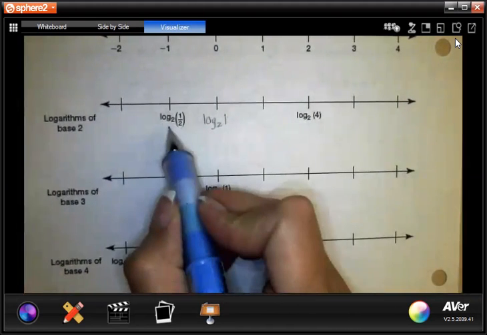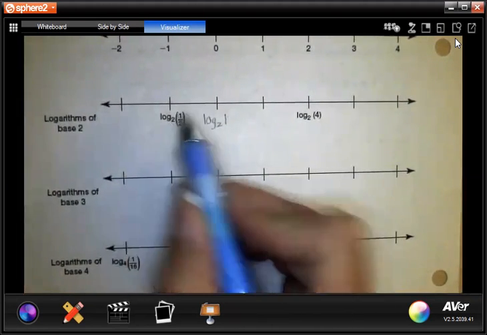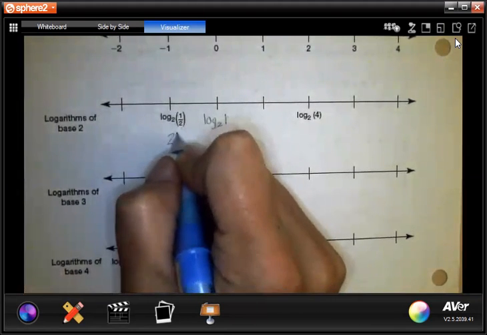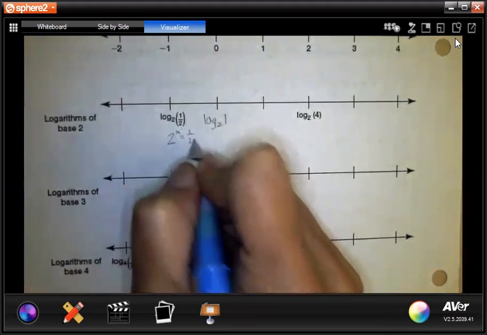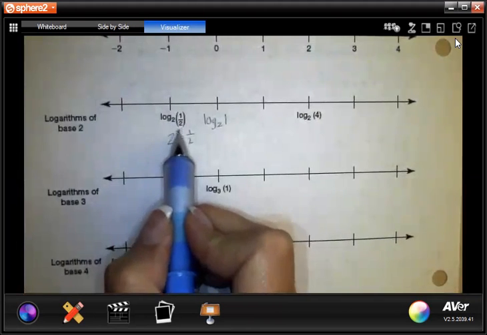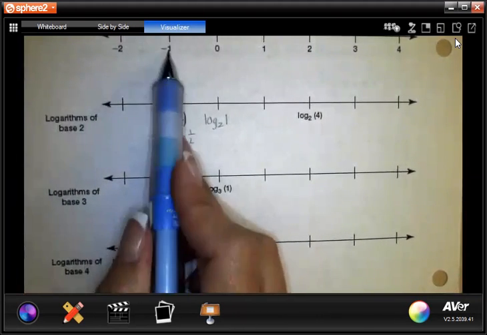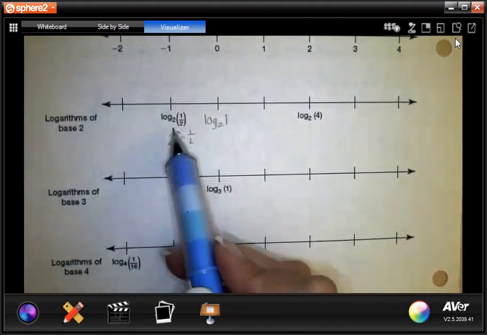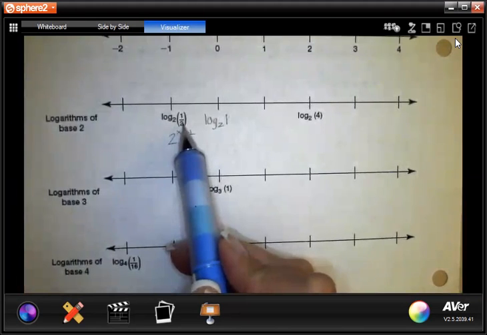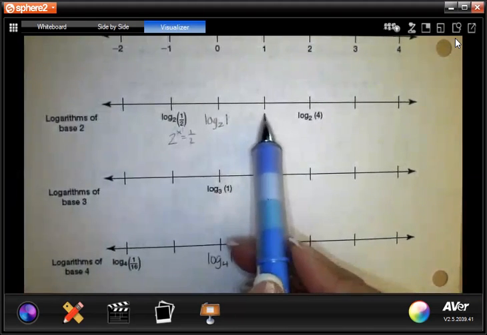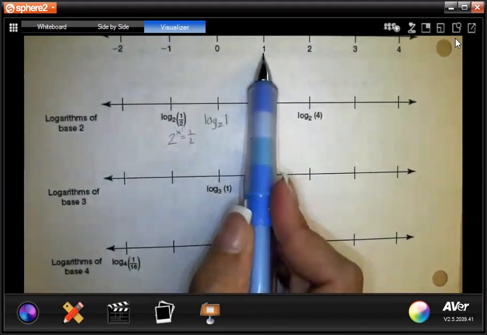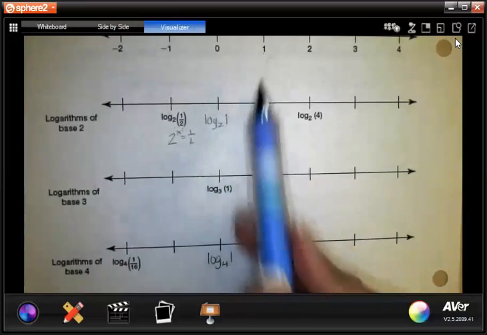All right, if we think about this second one here, if we converted that to an exponential, that would be 2 to the x equals 1/2. Well, -1 would be that x value there, because that's what makes it do the reciprocal. So -1 goes here. So 2 to the -1 power would be 1/2. 2 to the first power would be 2.